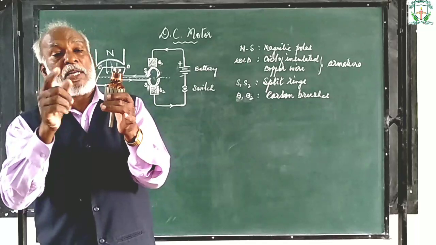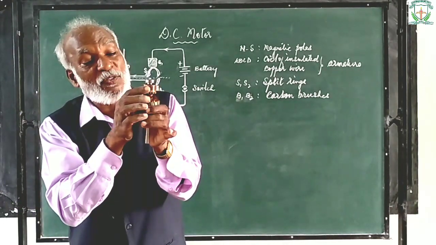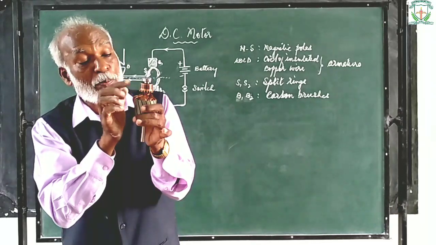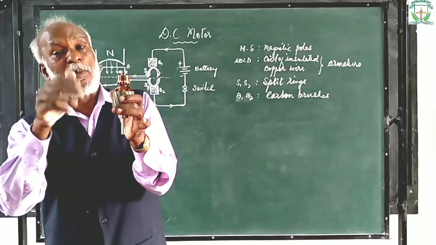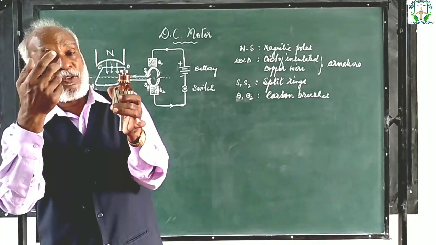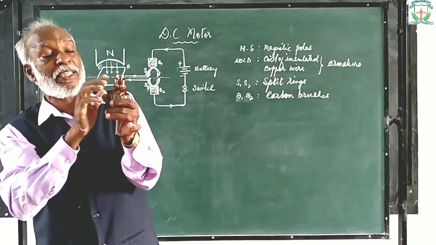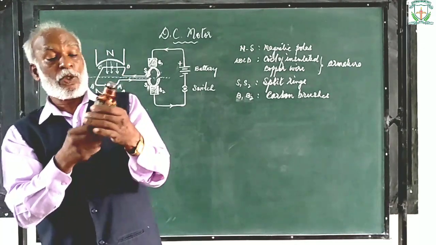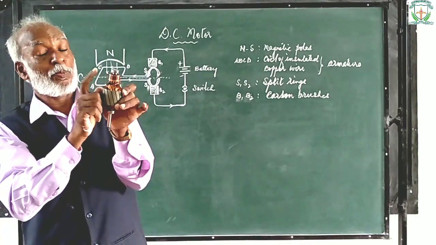If there are 12 coils, you will be having 24 pieces of the copper or brass ring. It's a copper ring cut into so many pieces. For 9 it is 18 pieces, or for 12 it is 24 pieces. Okay. So the ends of the coil are connected to the split rings.